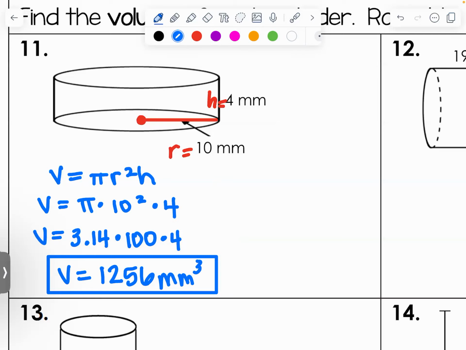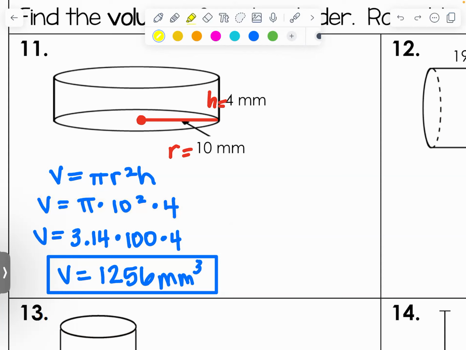Okay, here's the deal though. I can't just have the answer of 1,256 millimeters cubed. I need to see at the very least this part right here that you set up the numbers with the formula. I need to know that you know how to get the answer. Okay. All right, I don't want you to do the problem yet.